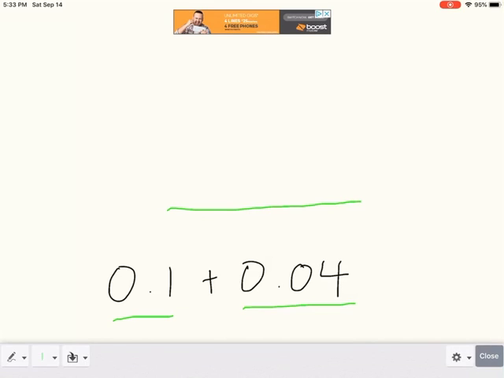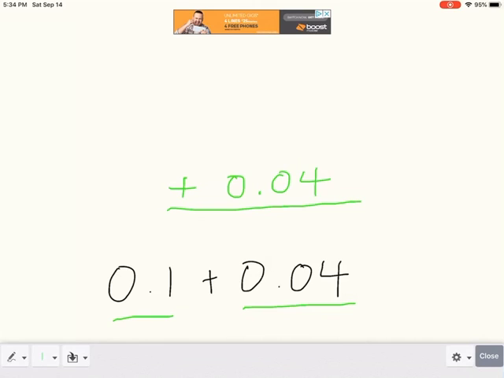Just write the problem as you think it should be written, because you're going to be adding the same numbers regardless. So that whole rule of putting the biggest number on the bottom, that's just something I do to make it easier for me. But when you add the numbers together, they're going to be right as long as you line up the decimal points, okay?